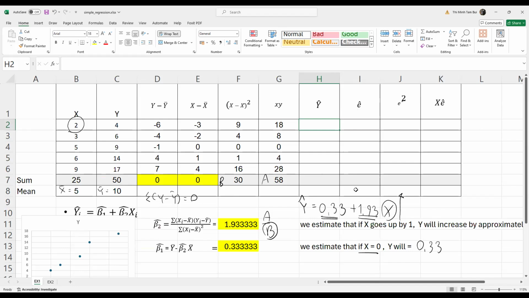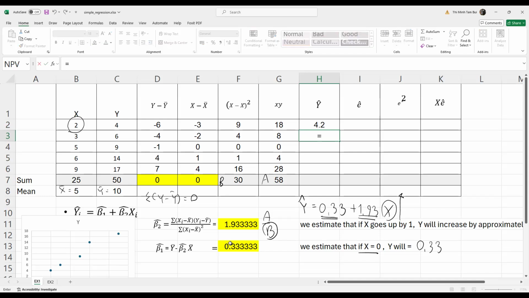Or in Excel, you can equal the intercept plus the slope multiplied by X. Do it again.